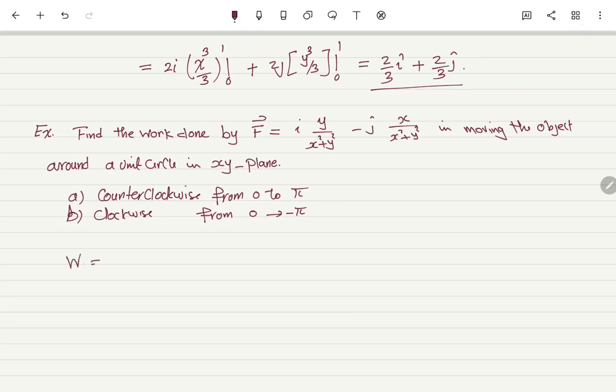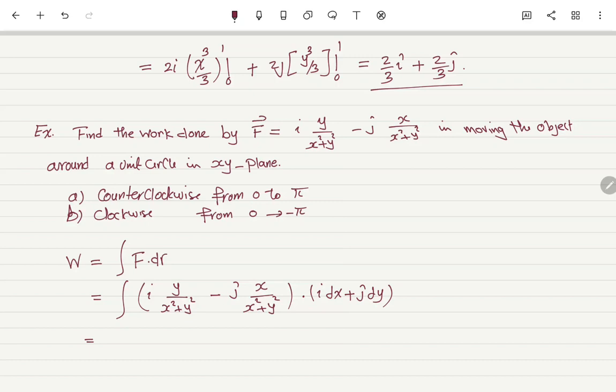Work is equal to the integration of F dot dr. Now in this one here, integration of i y over x squared plus y squared minus j x over x squared plus y squared, dot dr, which is i dx plus j dy.